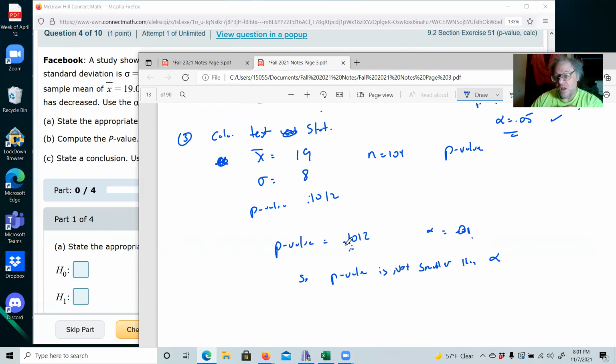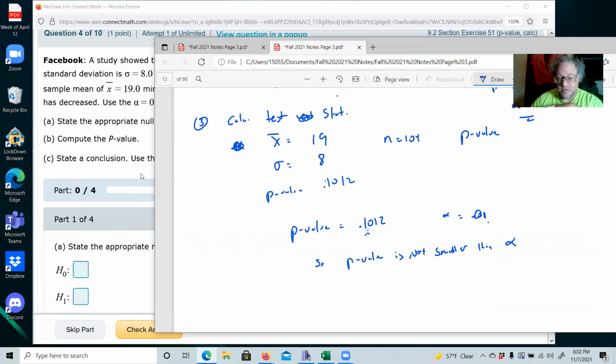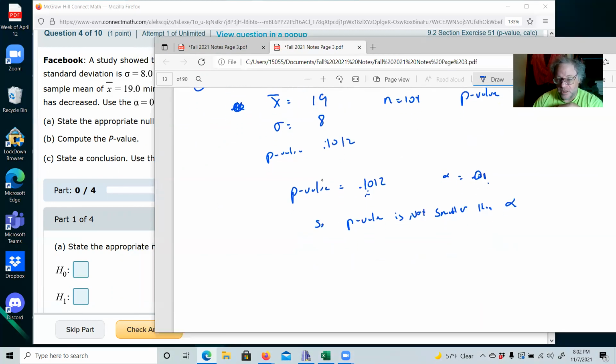Our random chance was 10% rather than 1%. So we say, well, it's random chance. We're not going to make the alternative conclusion here. So we say, do not reject the null hypothesis.